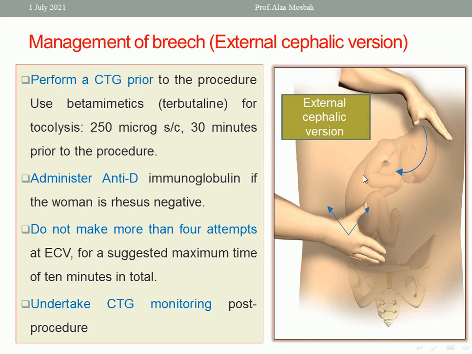The patient is given a tocolytic drug like terbutaline subcutaneously 30 minutes before the procedure, so the uterus is relaxed during the maneuver. If the patient is Rh negative, give anti-D.